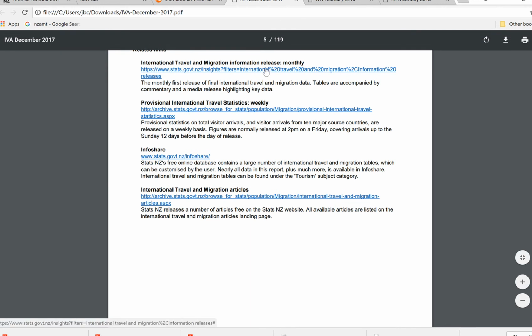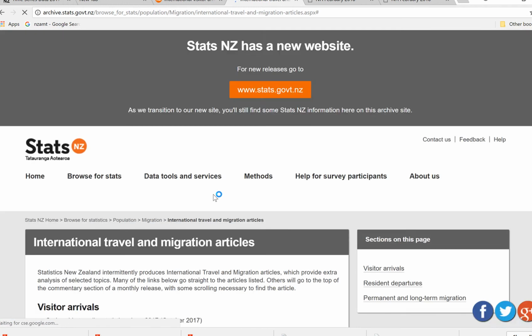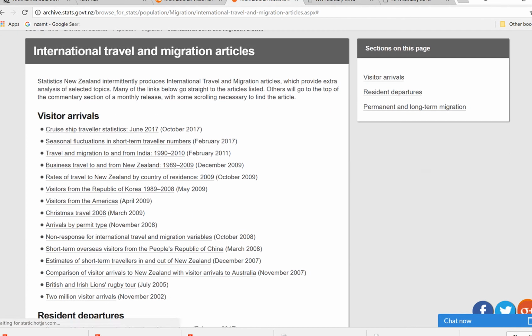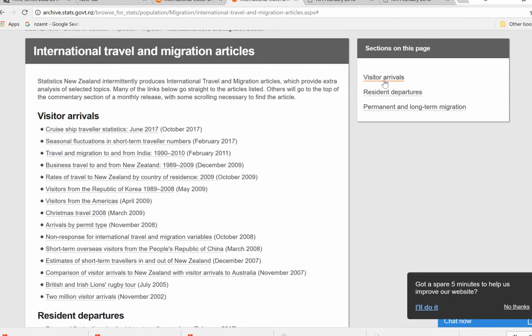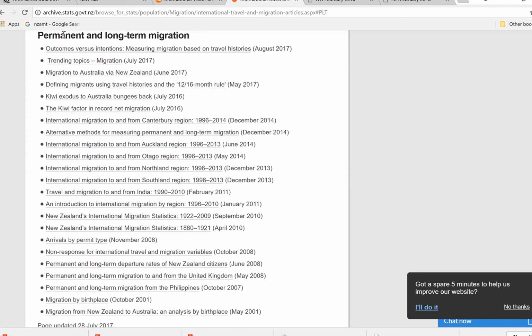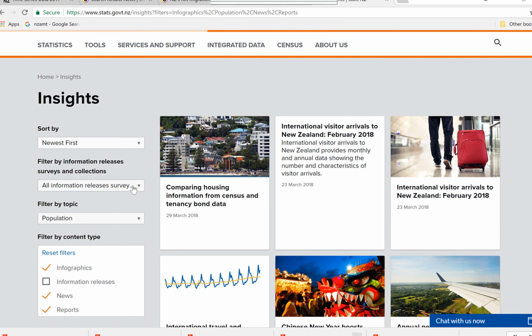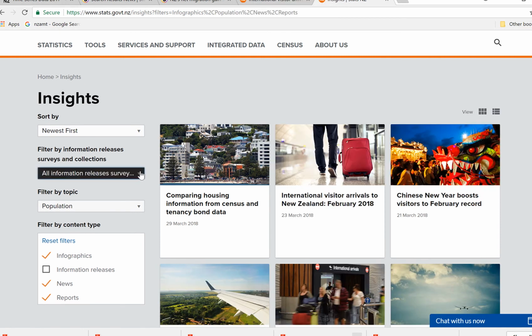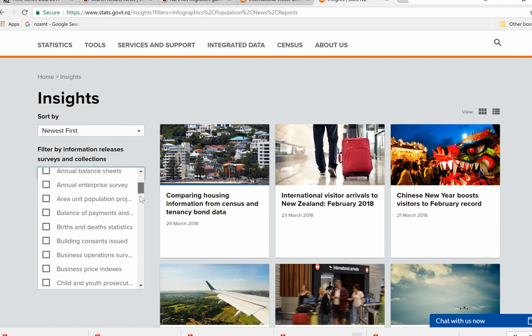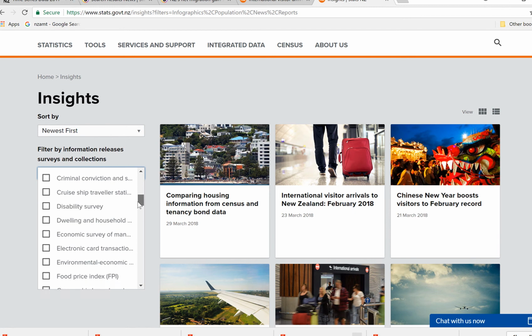Let's have a look at international travel and migration articles. So sections on this page, visitor arrivals. Oh no, permanent and long-term migration is what we want. The other thing to look at is migration, because we're looking at permanent and long-term arrivals, we're not really after visitors actually, are we?